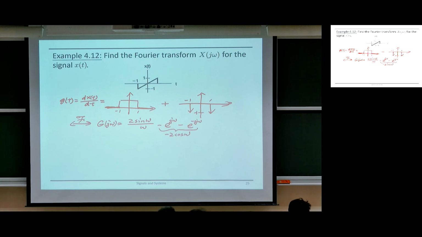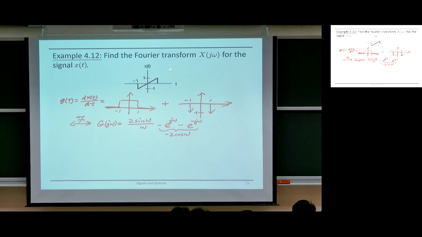So finding the Fourier transform of this signal x of t may not be as straightforward, because x of t takes on a shape that is less familiar to us, so the derivation may be a little bit tedious.